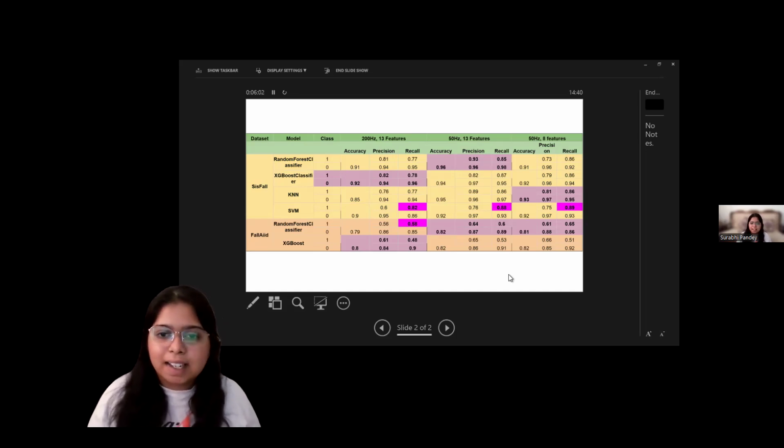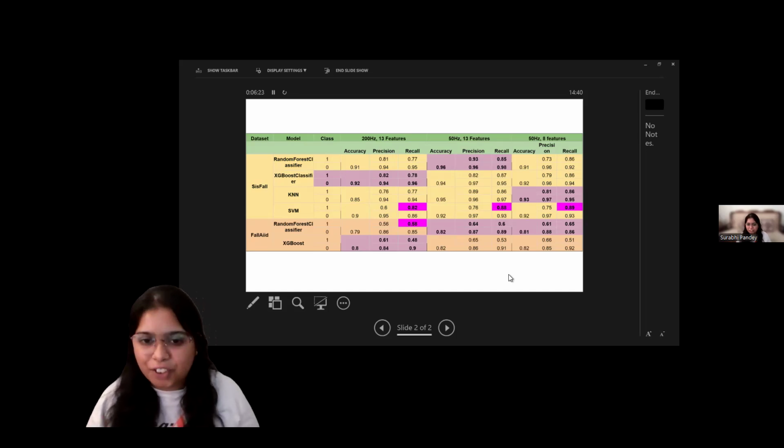Our main focus was on maximizing the recall. Why recall? Because when we know that the recall is high, that means the false negatives are the least.